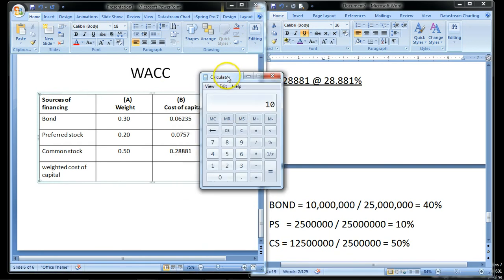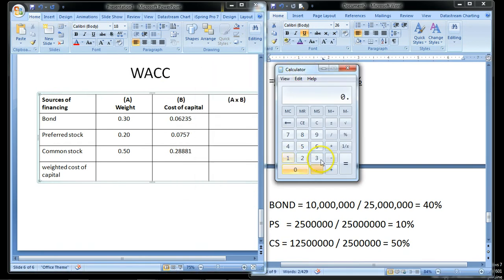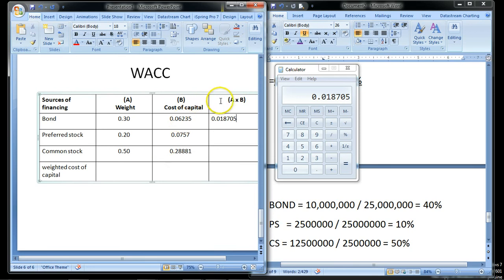So how to calculate? Come, we calculate together. 0.3 times with 0.06235. You will get 0.018705. Please don't ask me, can I put 4 decimal? My suggestion, better you put all first.